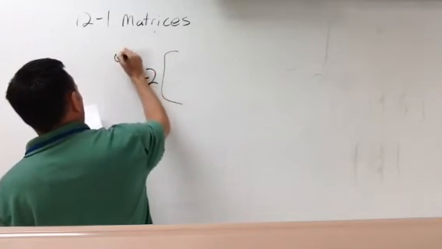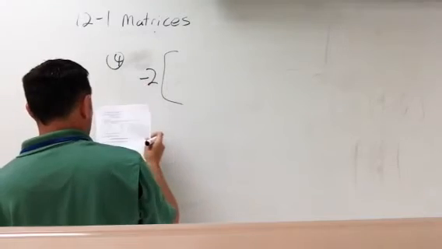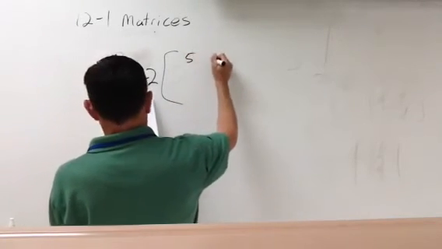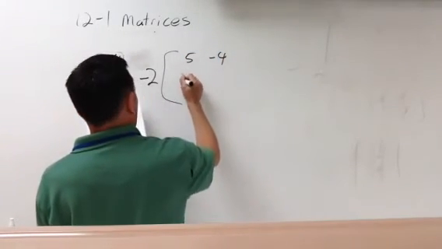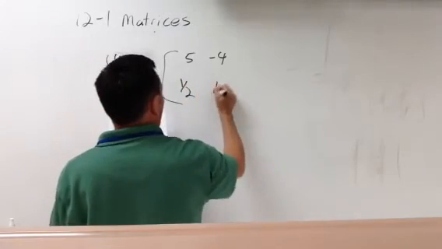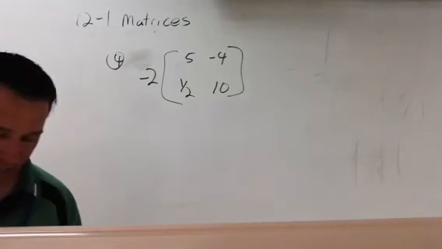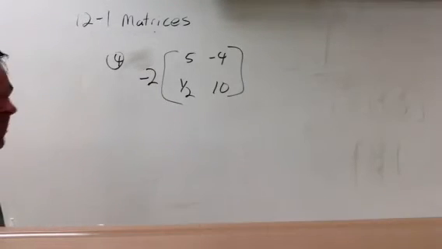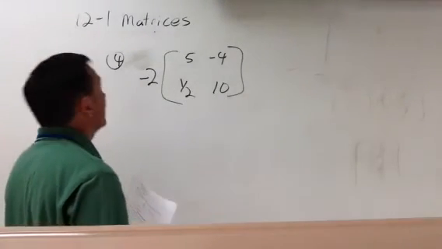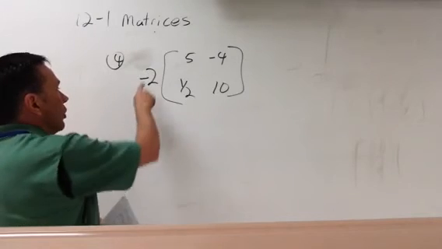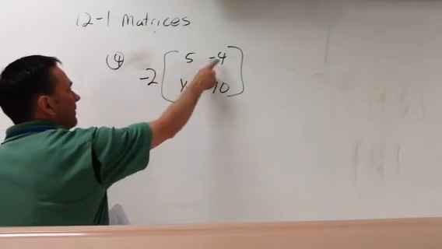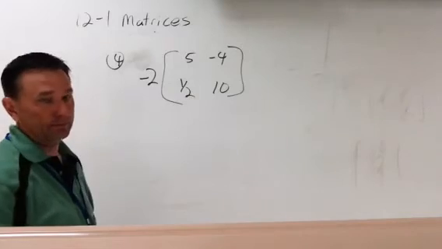We had a negative 2 out front, multiplying this. And here I threw a fraction in. We can't have fractions or decimals as an element in our matrix, so we need to multiply this negative 2 to every single element here.